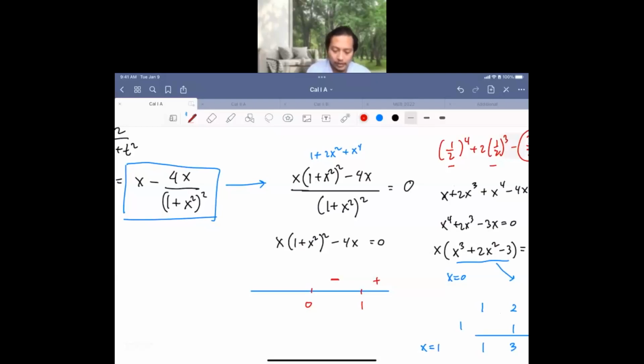But what will happen if we have negative 1? Let's check negative 1. So negative 1 plus negative 1 is 2 squared. So it's negative 4 plus 4. Negative 1 is also correct.